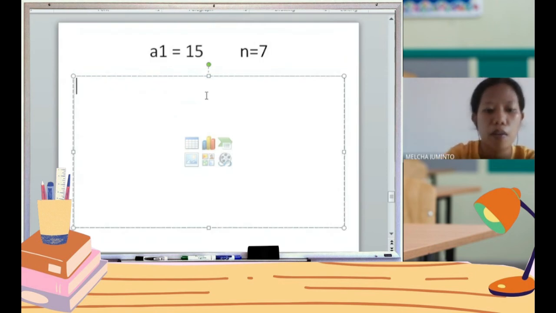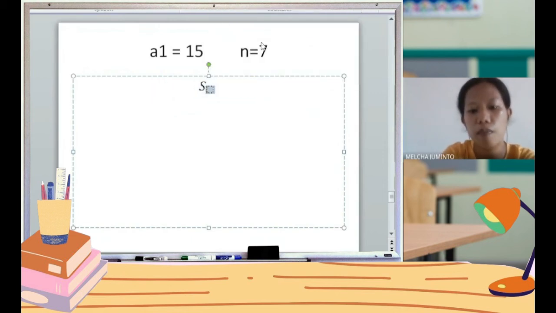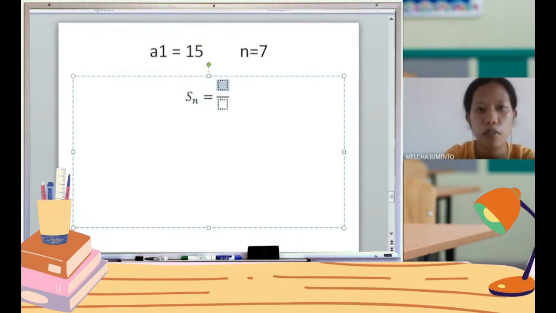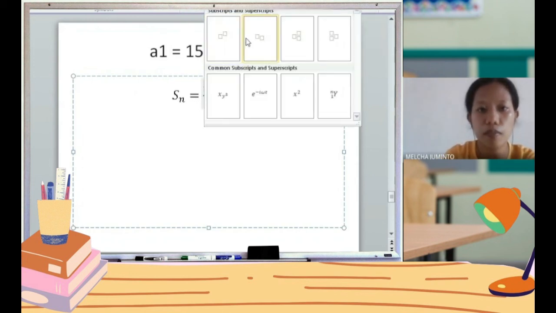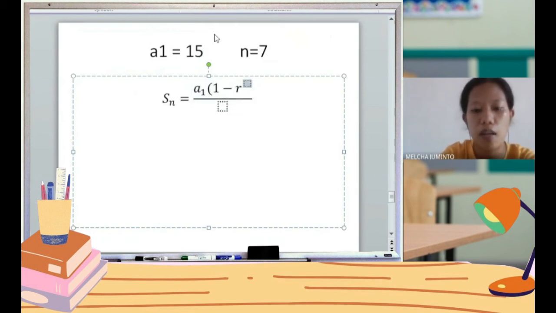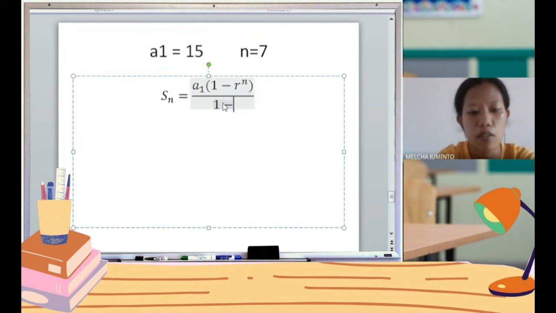Let us now go back to the formula from our lesson last time. For the geometric series, we have S sub n is equal to the numerator a sub 1, and then we multiply it with the quantity 1 minus r raised to n, and then finally we divide it by 1 minus r.